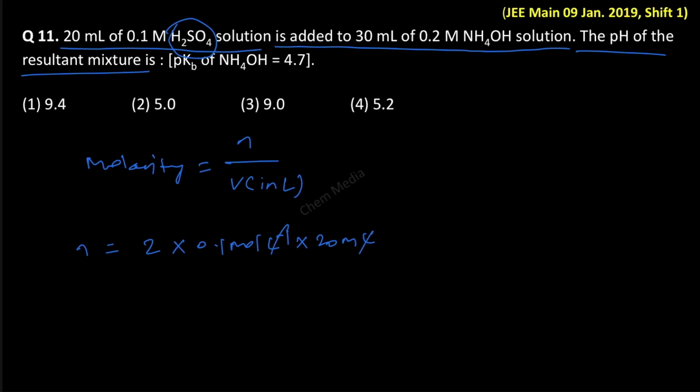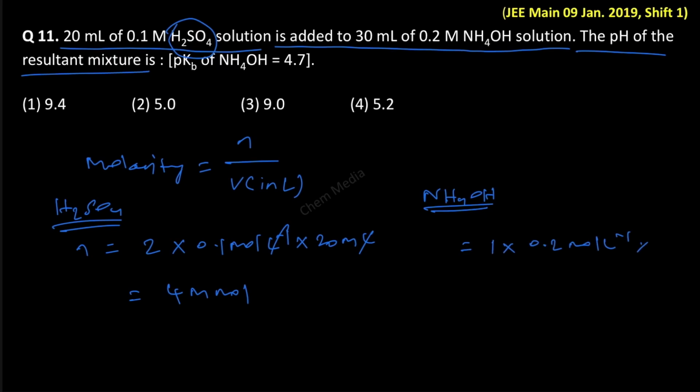So this will be equal to 4 millimoles. This is for H2SO4. For ammonium hydroxide, the number of moles will be 1 times 0.2 mole per liter times 30 milliliter. So here it would be 6 millimoles.